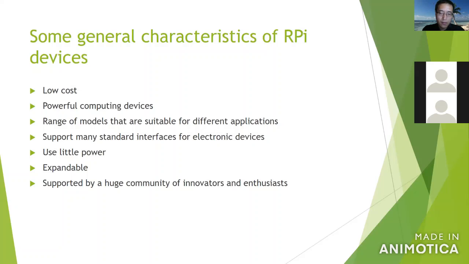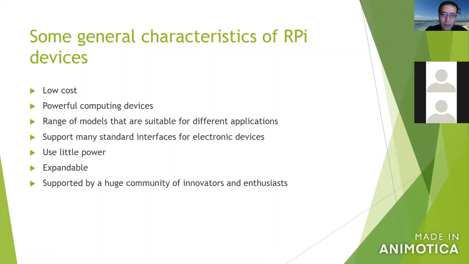Actually, even though it's only a single circuit board, if you know the motherboard for a personal computer, you will know the size for Raspberry Pi is really small. But even though it's so small, it is a real computer system.